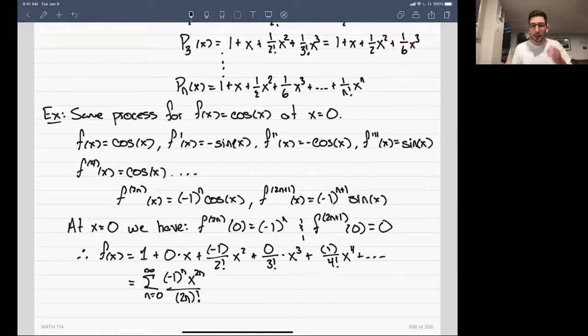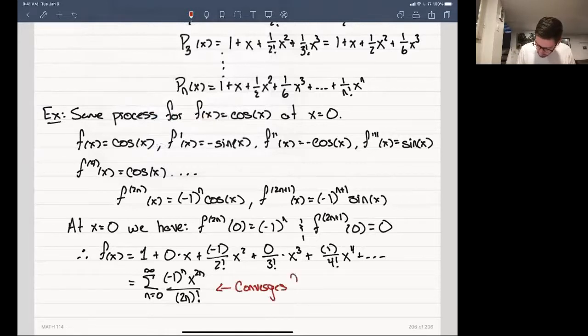And here's the exciting thing. I can use finite approximations of this thing in order to approximate cosine of any value. In fact, I'm going to leave this as an exercise for you, but the radius of convergence is everything.